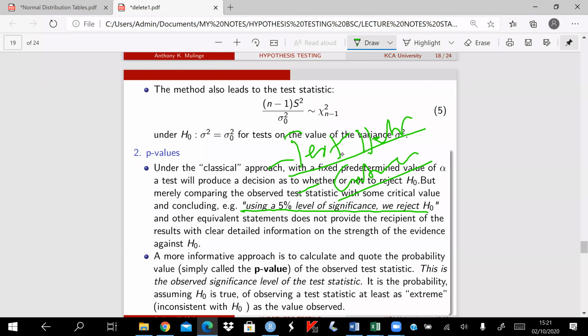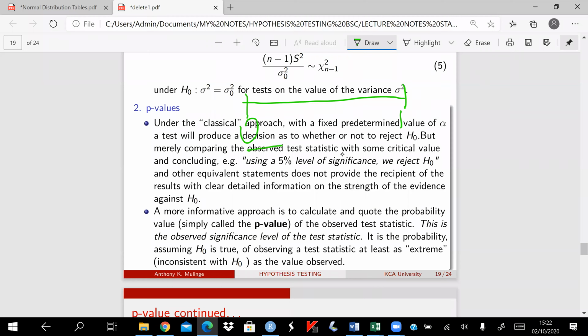Maybe that's not clear, but let me speak in layman's language: the p-value is the amount of evidence, in probability terms, that you have in support of the null hypothesis. So as we know, a probability is a number between 0 and 1.